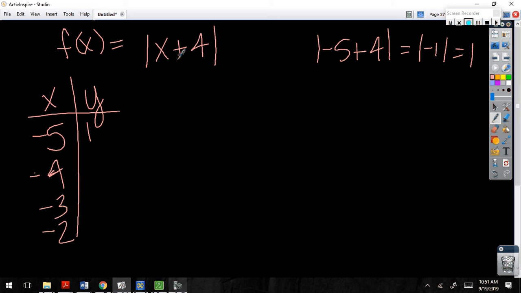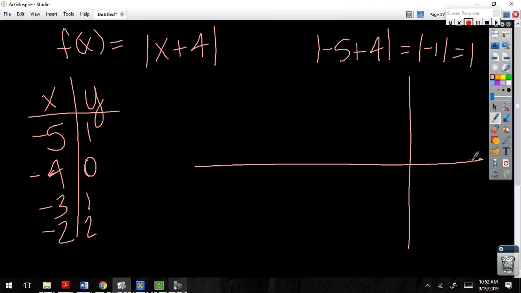If I put negative 4, I get 0. If I put negative 3, I get 1. If I put negative 2, right? So if I graph this, hopefully I will see the flip, the change, where it V's, right?